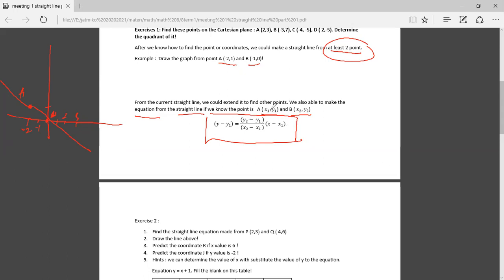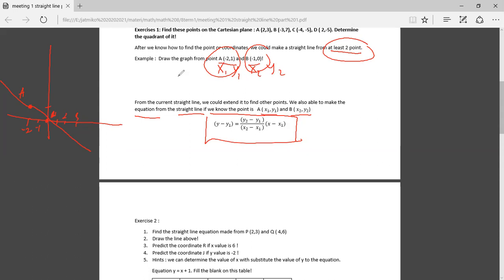So x1 and y1 is the coordinate. Because the couple here, this is for x, this is for y. So we just need to put them here. If you have this following equation, this is for x1, y1, x2, y2.